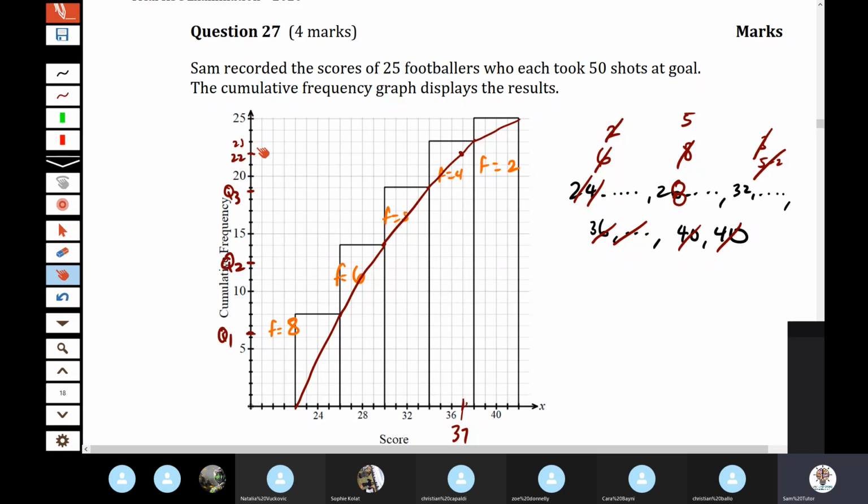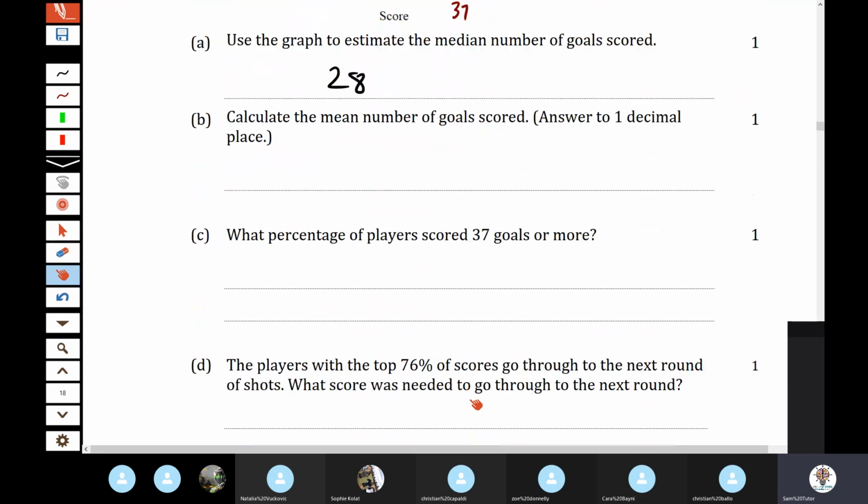So that's 1 person there. So 1 person scored from 37 to 38, or above 37, which is obviously 38. And then there's 2 people that would have scored from any number from 38 to 42. So 3 people altogether. And then percentage will be 3 out of 25.